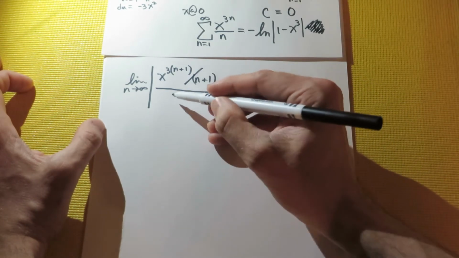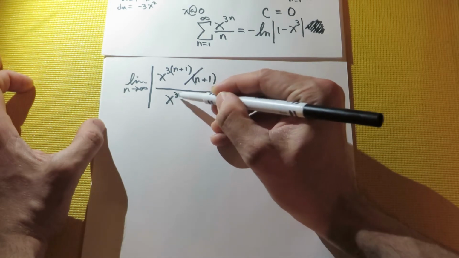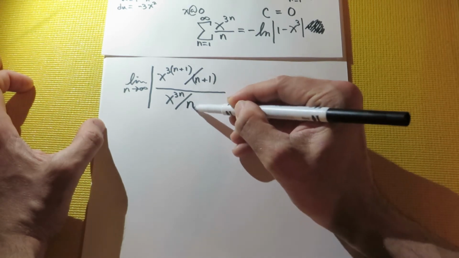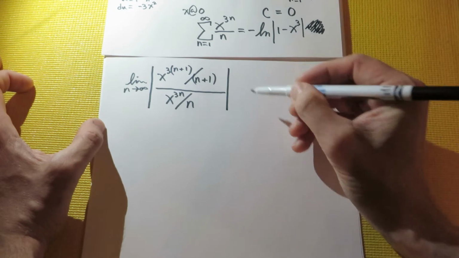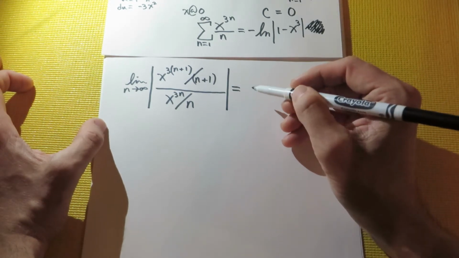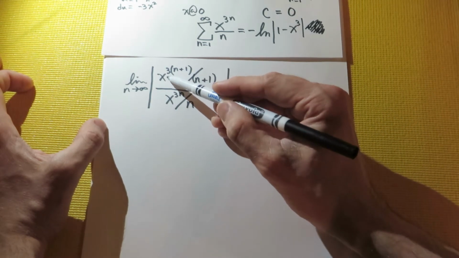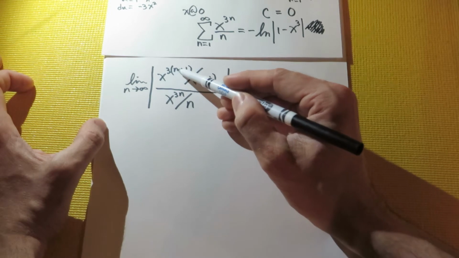All of that over our b sub n here, which is x to the 3nth power over n. Well, that is just going to go to, let's see, here we have x to the 3n.